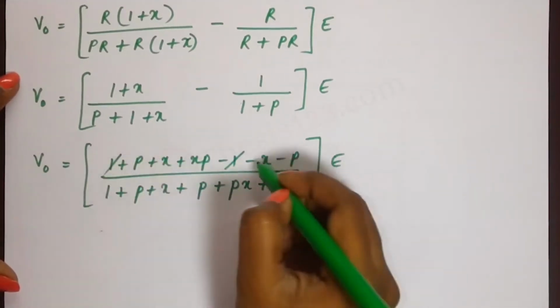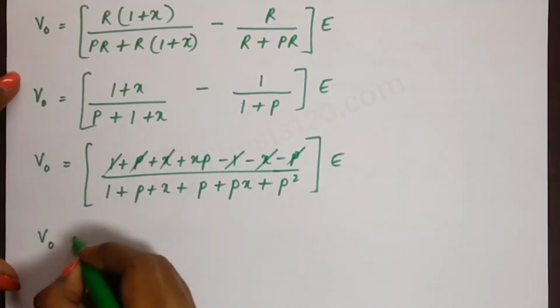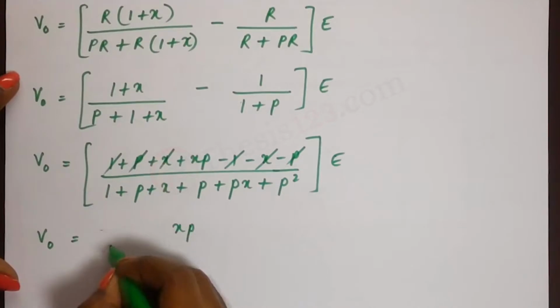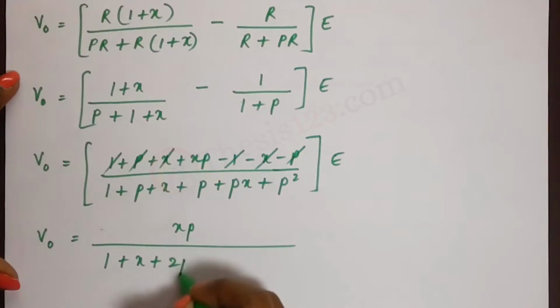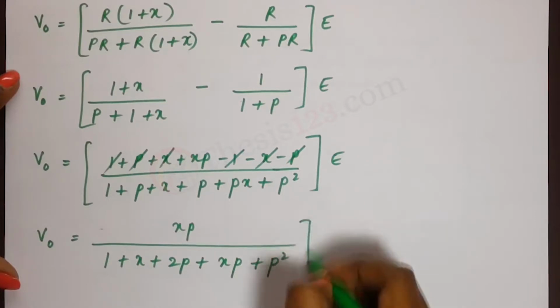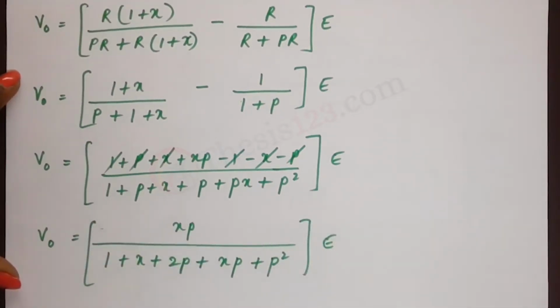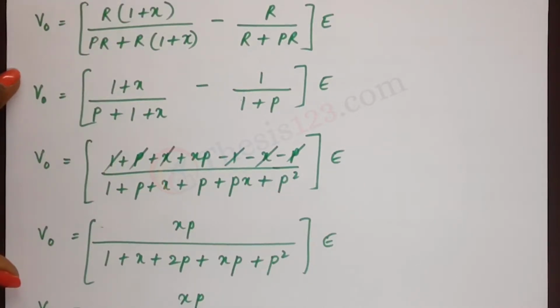We see that 1 cancels out, X cancels out, and P cancels out as well. So we are now left with XP in the numerator divided by 1 plus X plus 2P plus XP plus P square, into E. Let's take P out as a common term next. So V0 is equal to XP divided by 1 plus X plus P into 2 plus X plus P.